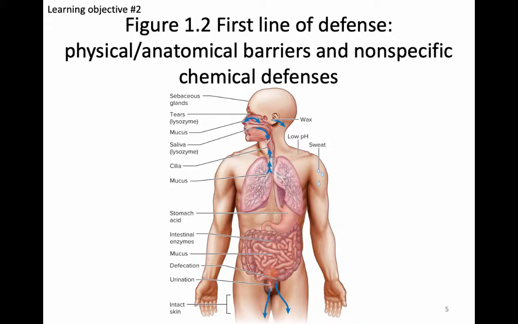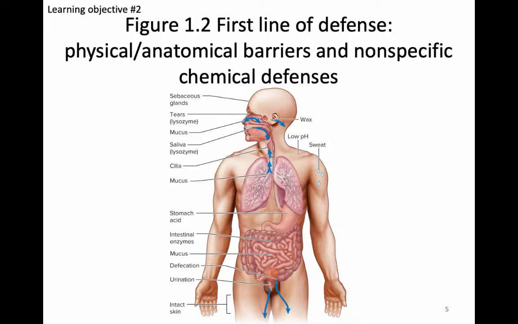Lining cavities like the respiratory tract and the gastrointestinal tract that are open to the outside, we have mucous membranes, which are also a collection of very tight cells. They secrete mucus, which is an antimicrobial substance that can trap microbes that are inhaled or that get into the gastrointestinal tract. And these microbes, once they're trapped in mucus, will be eliminated from the body, either by coughing them out or by excreting them in the urogenital system.